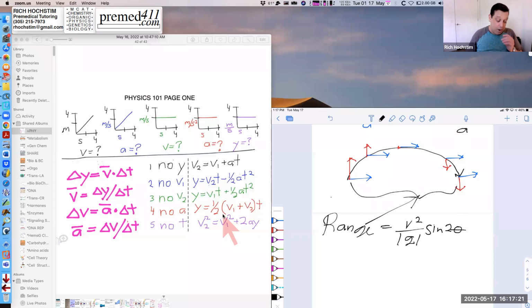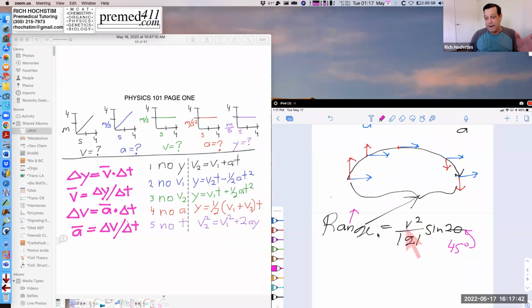And then 2 theta. So if we think about what's going to happen, and I'm not going to explain it too much, when theta is 45 degrees, the range will be at a maximum. And obviously, as we increase v, the range will increase.